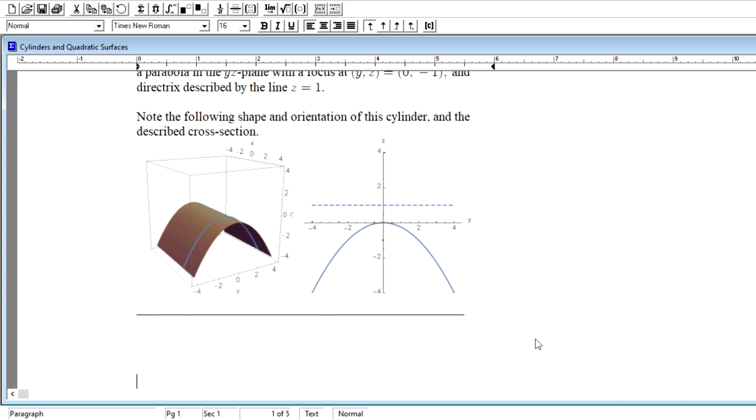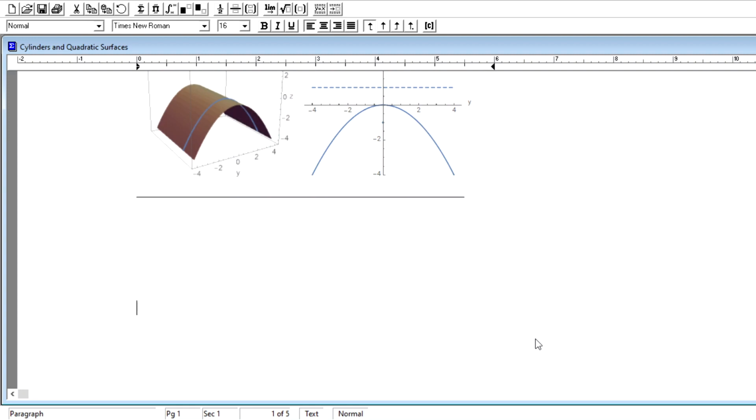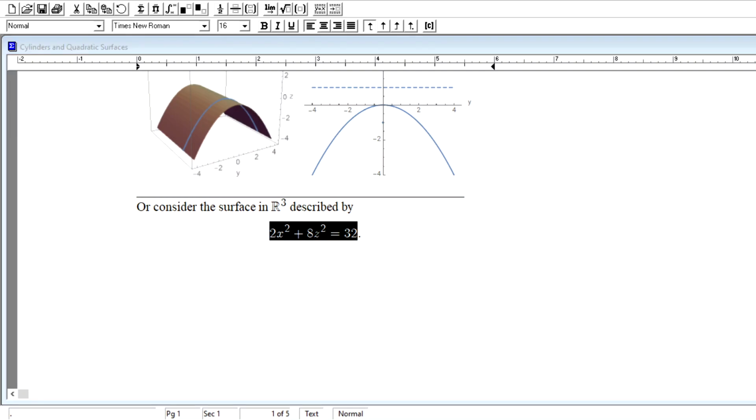All right? If we look at another example of a cylinder, we might consider the surface in R3 described by this equation: 2x squared plus 8z squared equal to 32. In this case, you'll notice you have a two-variable equation being used to describe a surface in three-dimensional space, where that equation involves the variables x and z, but is missing the variable y in its description.